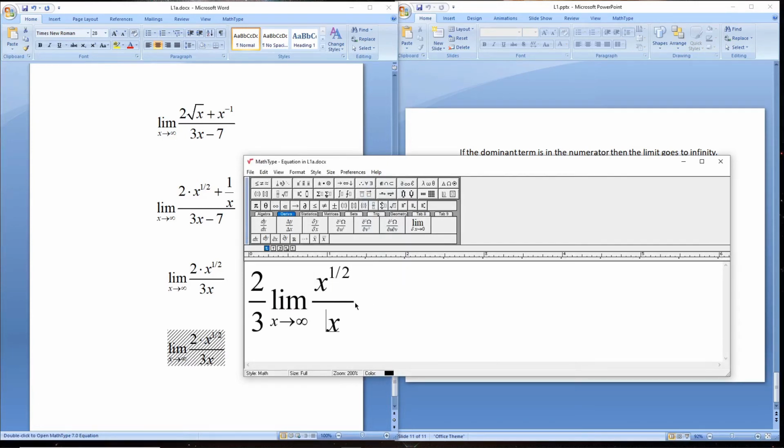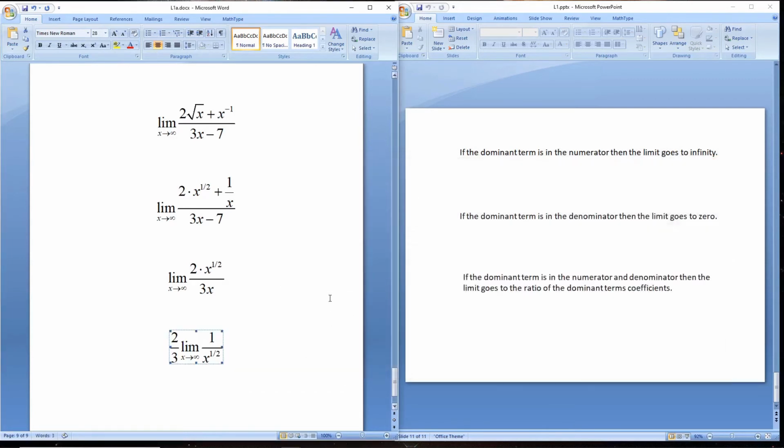And now we can make a simplification. That x to the 1/2 divided by x means 1 over x to a half. So we have the limit of 1 over a number that's getting larger and larger.